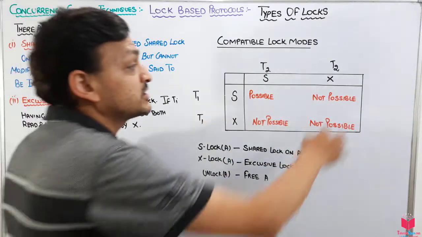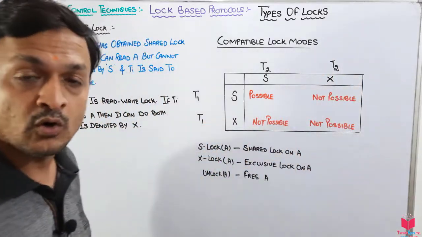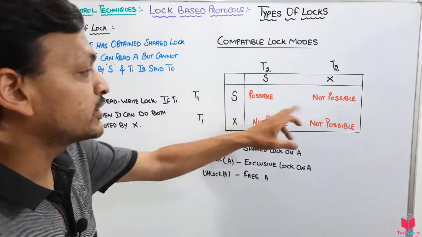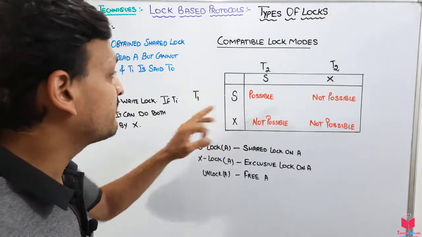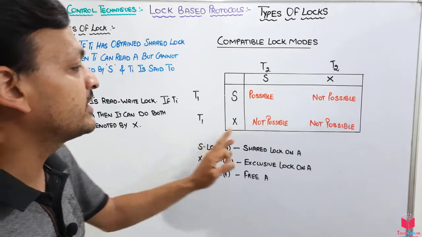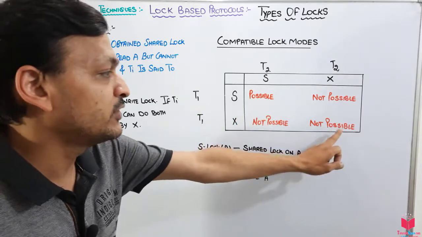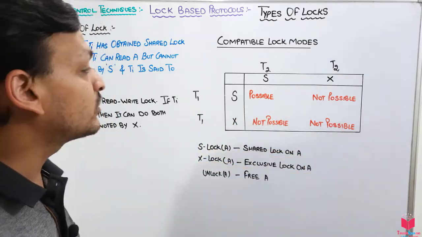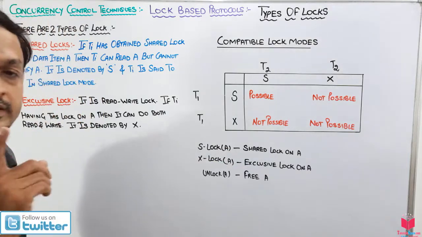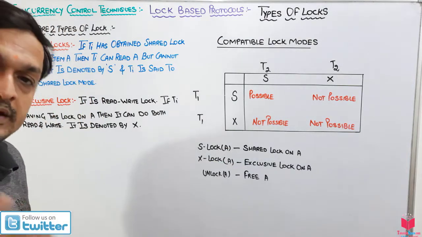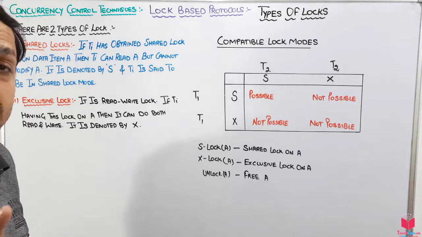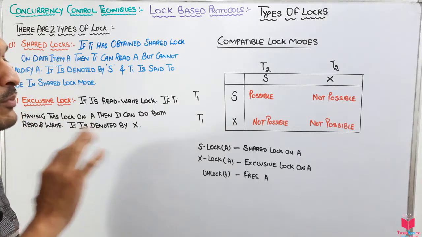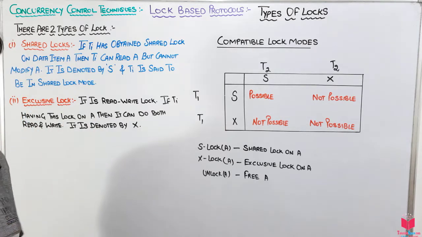If T2 has an exclusive lock, can T1 have a shared lock? No. If T2 has an X lock, can T1 have an X lock? No. Only if a transaction has a shared lock can others also use the shared lock.